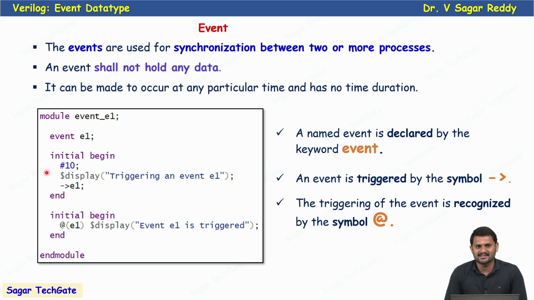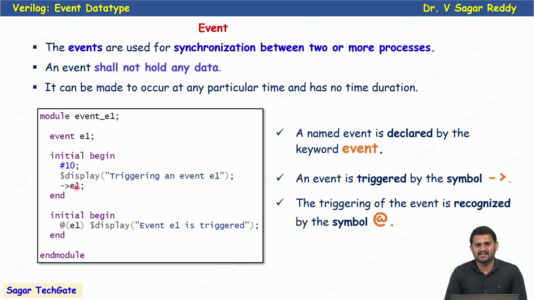So now we see the initial block with #10, and then we go to the other initial block, where we need to wait till the occurrence of E1. After the 10 time unit delay, we display triggering an event E1. Immediately, by using this symbol, we trigger the event.